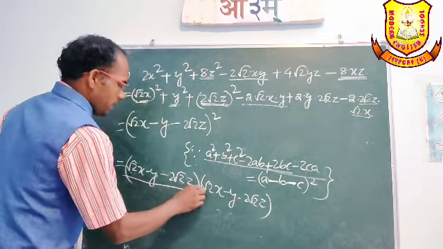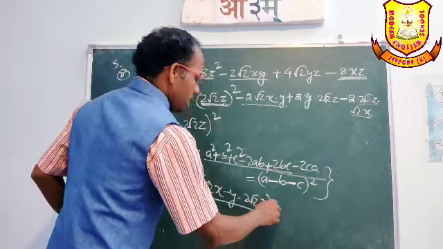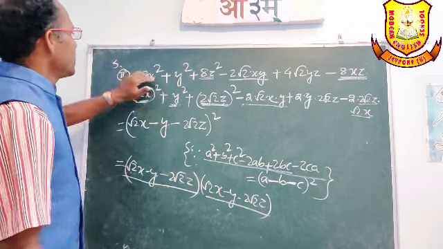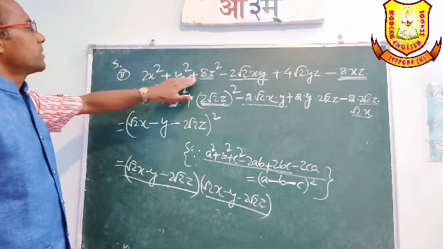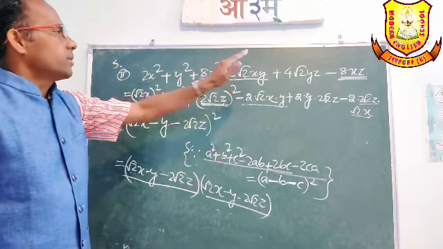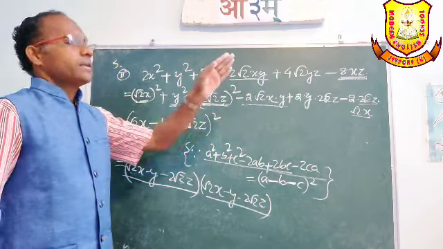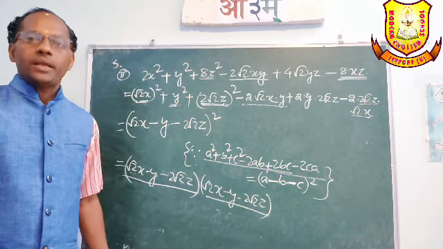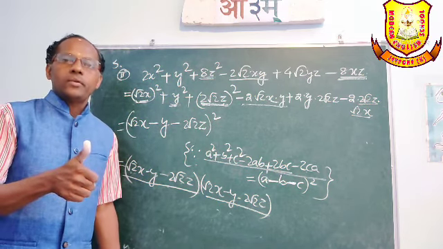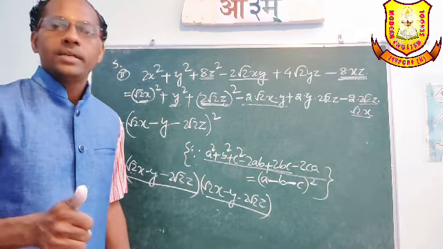So a minus b minus c whole into a minus b minus c. This is the factorization of 2x square plus y square plus 8z square minus 2 root 2xy plus 4 root 2yz minus 8xz. I think everybody understood? Yes. Okay, very good, nice.